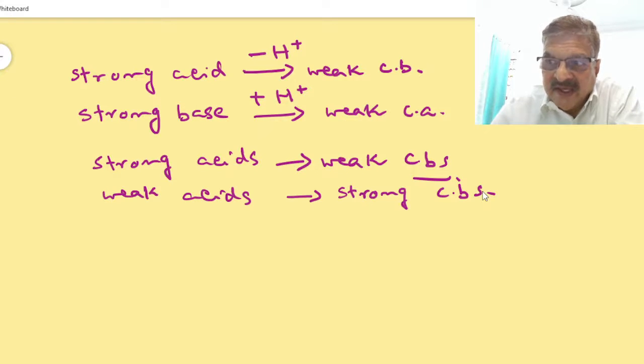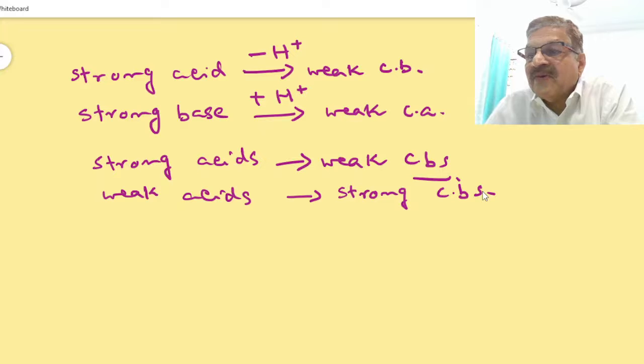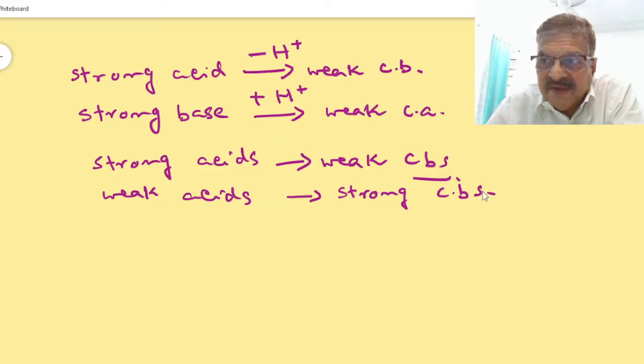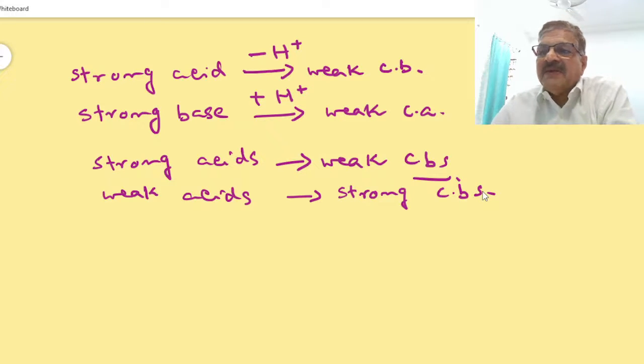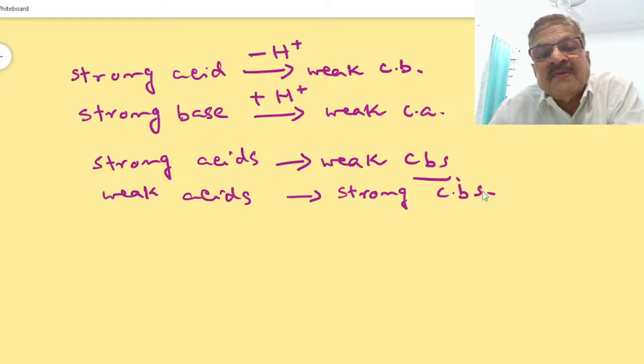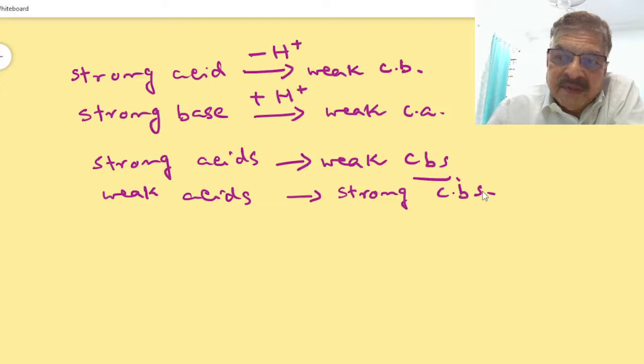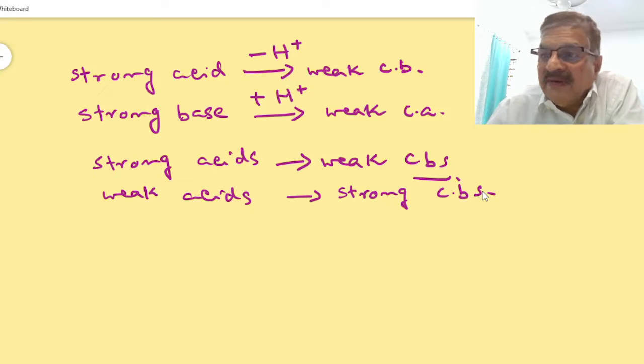It can be compared using the pKa values of their conjugate acids.